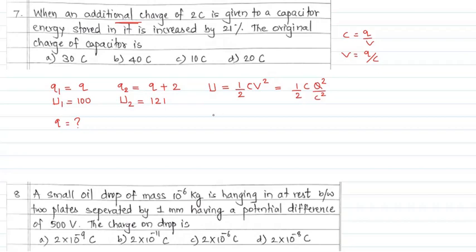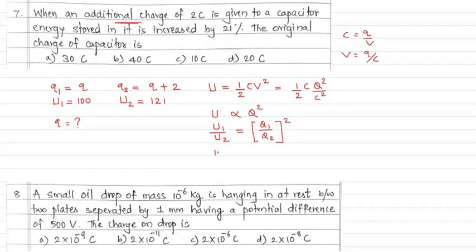One C gets cancelled, or I will take it as U is directly proportional to Q square. Now take the ratio. If you take the ratio, you will have the answer. So U1 by U2 is equal to Q1 by Q2 bracket square.